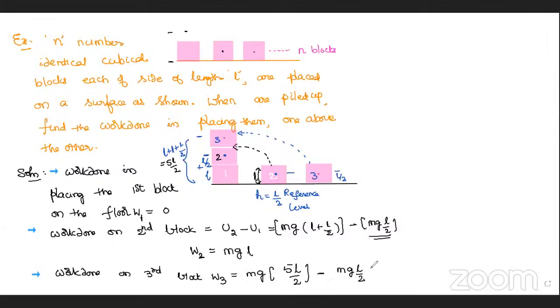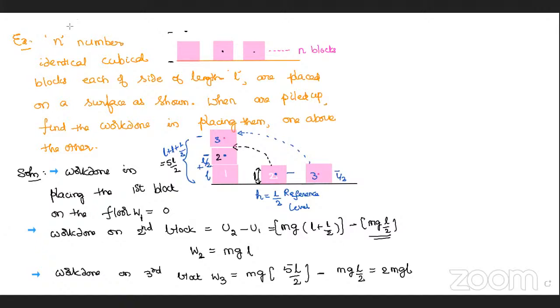After subtracting, you will get mg into 5L by 2 minus L by 2, which is 4L by 2. 4L by 2 is nothing but, if you cancel 2, mgL. That straight away I write here, this is equal to 2mgL. I think you can understand why, because it is simple subtraction. That is 2mgL.